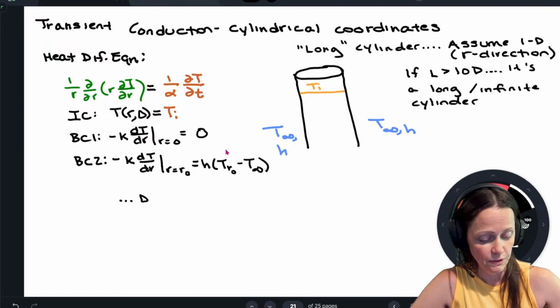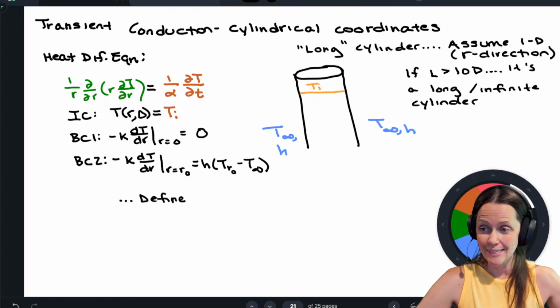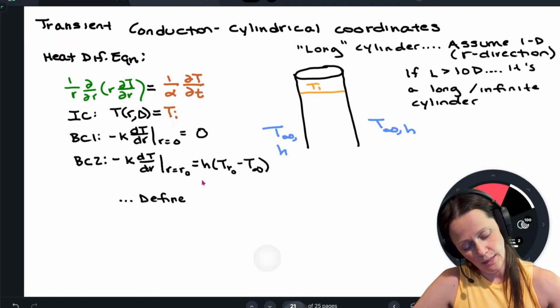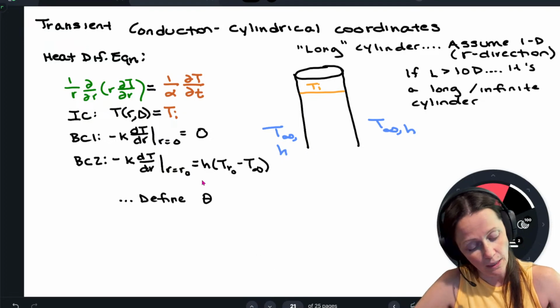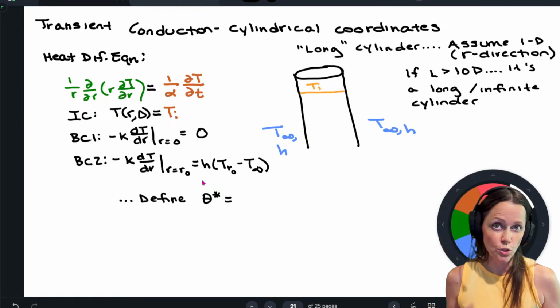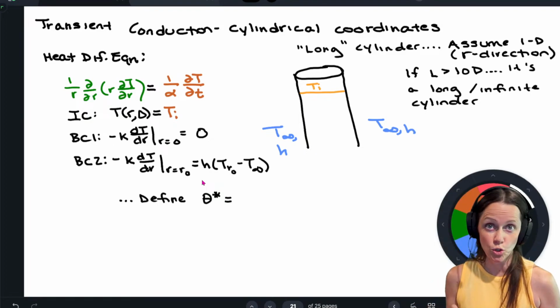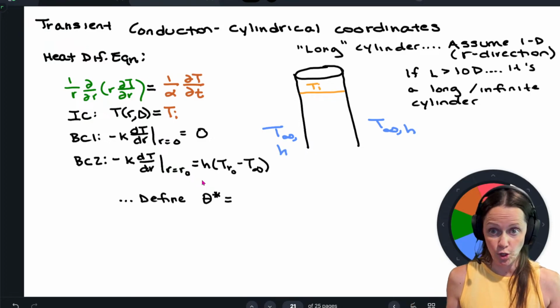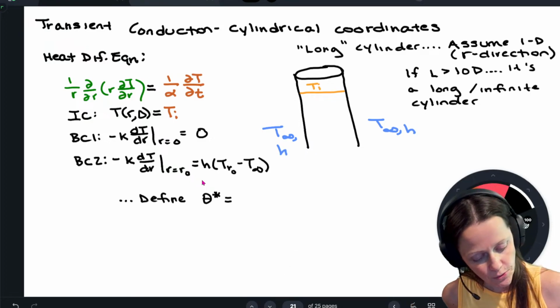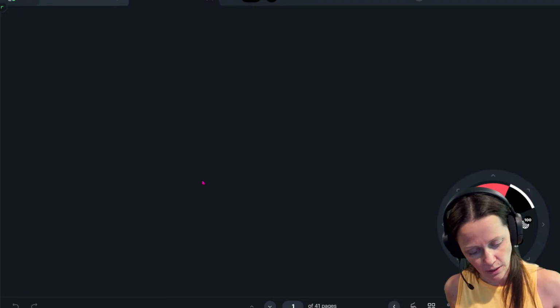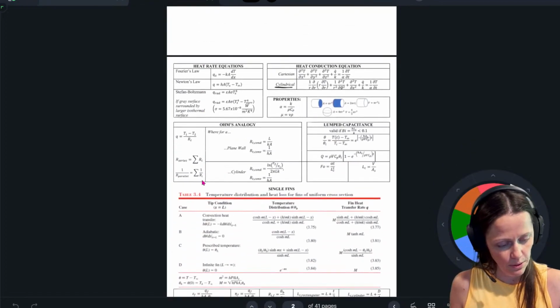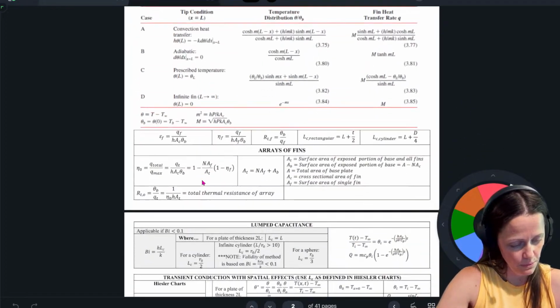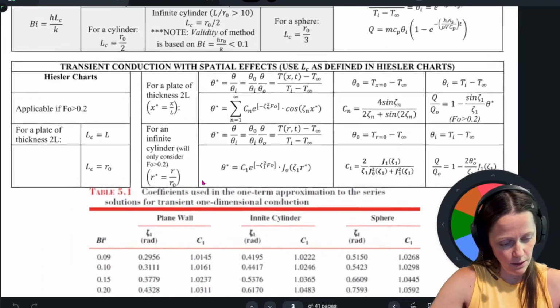We will define a non-dimensionalized temperature. And this is going to look really, really similar to the non-dimensionalized temperature that we had with our Cartesian coordinates. So I'm going to pull it up right here.